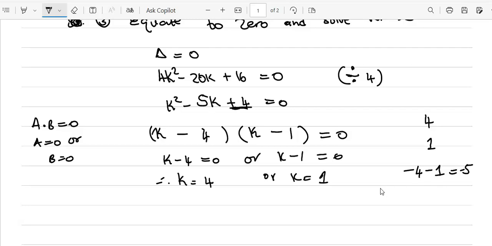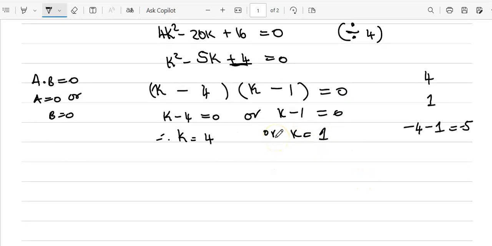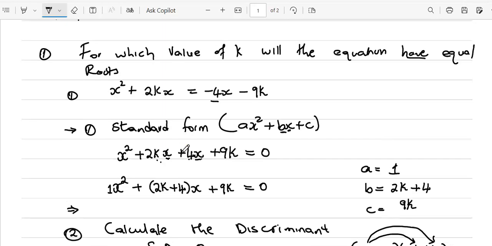So k needs to be either 1 or 4 to ensure that the discriminant of the equation is 0. The discriminant must be 0 in order for equal roots, so k must be one of these two values, 4 or 1. This is how you solve the nature of the roots.